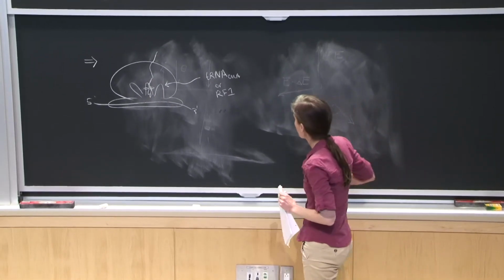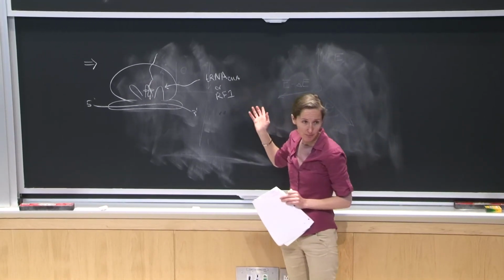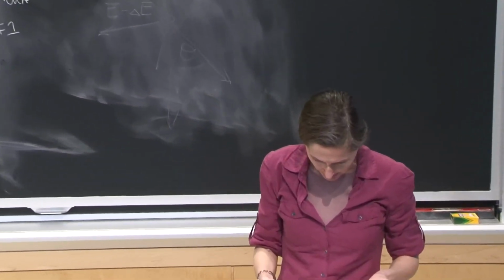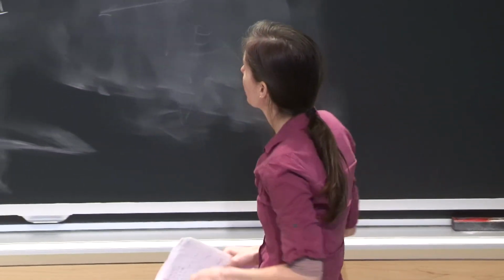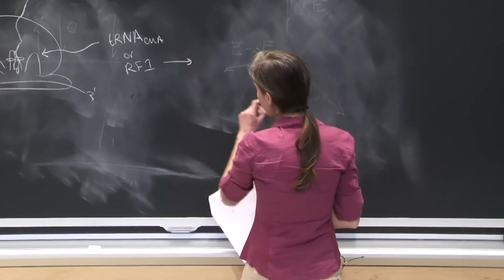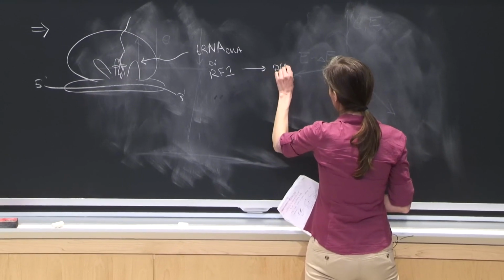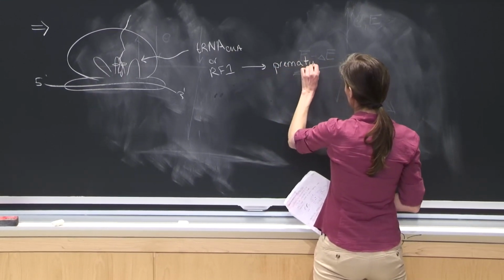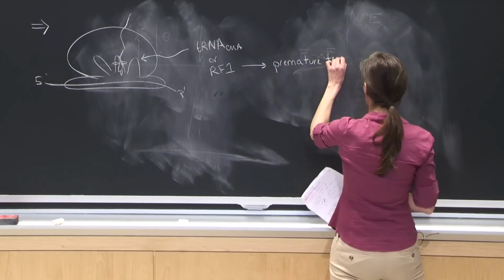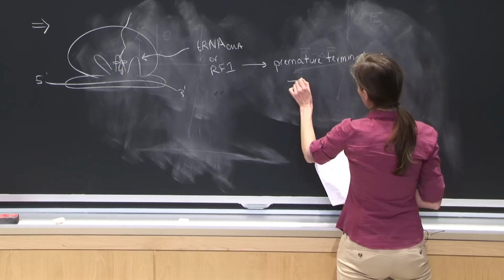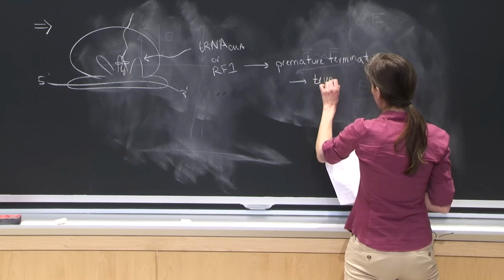So we're not worrying about release factor 2 competing with this stop codon because it doesn't recognize this stop codon here, right? So if release factor 1 goes in, we get premature termination, and that results in truncated protein.